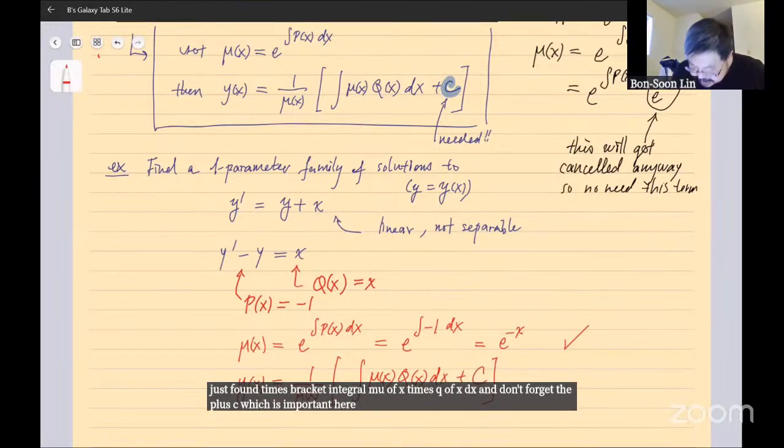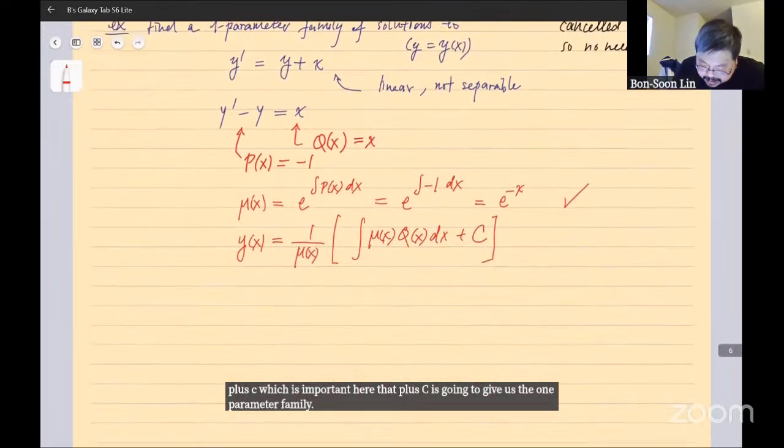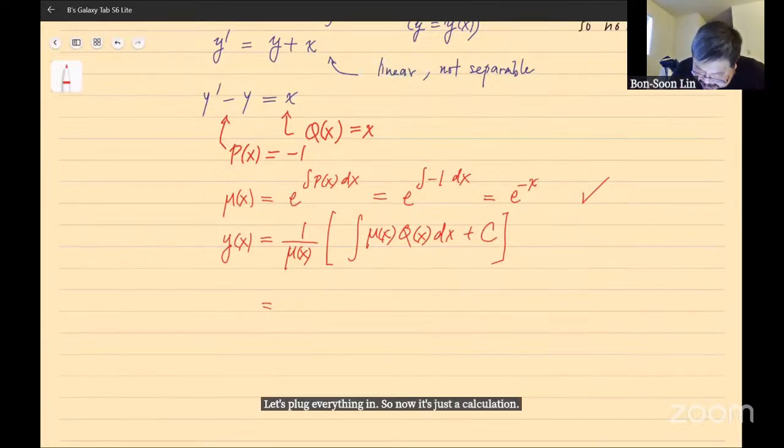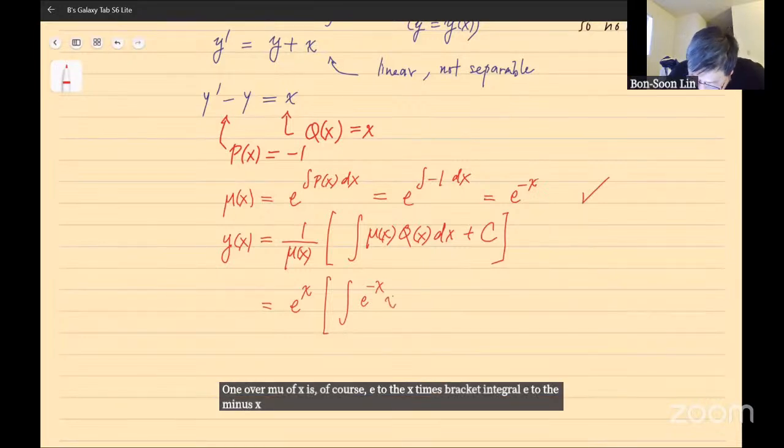That plus c is going to give us the one parameter family. Let's plug everything in. Now it's just a calculation. 1 over mu of x is, of course, e to the x times the bracket integral of e to the minus x times x dx, and the plus c is to remind you not to forget the plus c.